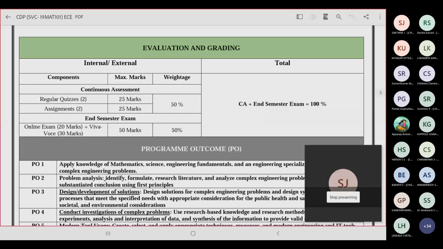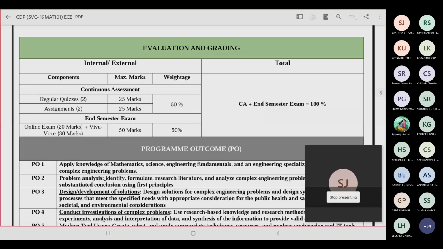Either we can divide 25 marks inside two quizzes as 12 marks for one and 13 marks for the second. Similarly, there will be two assignments, one of 12 marks and the second of 13 marks. We will discuss the division of the internal marks later. So this is your internal component.